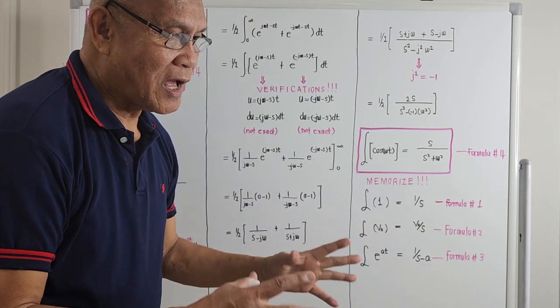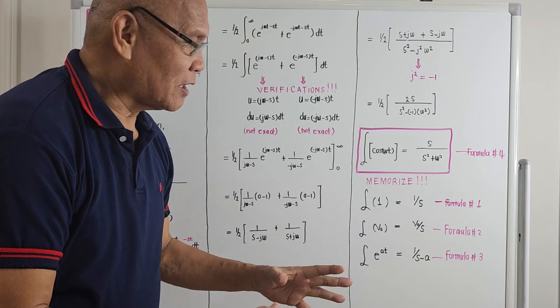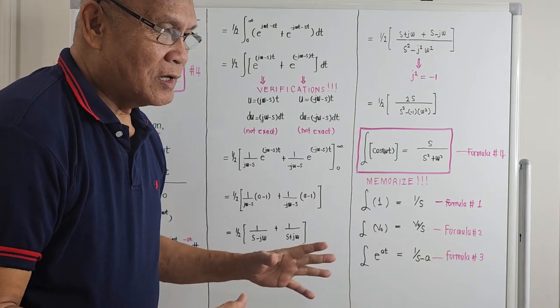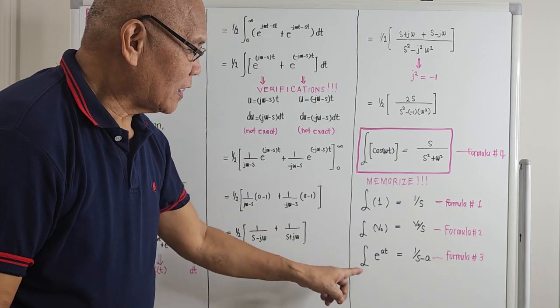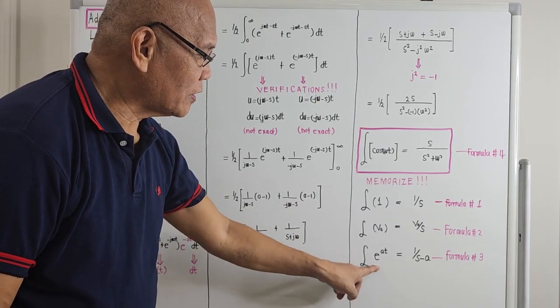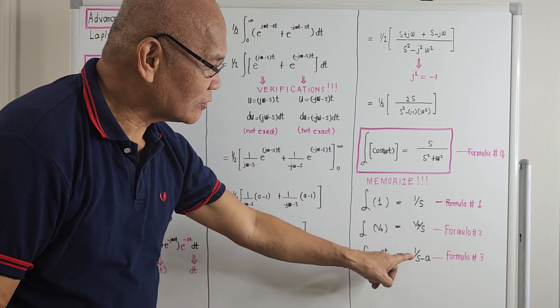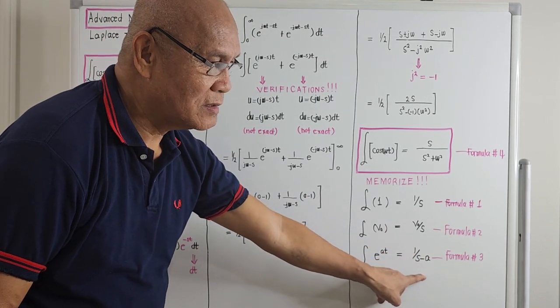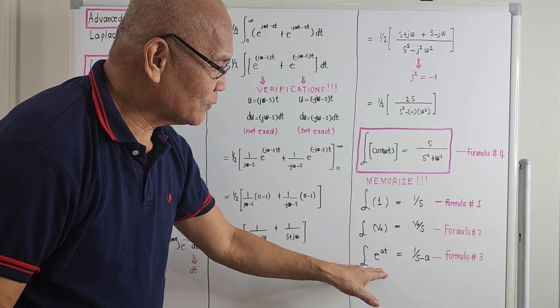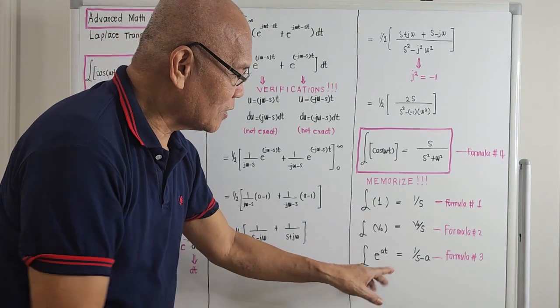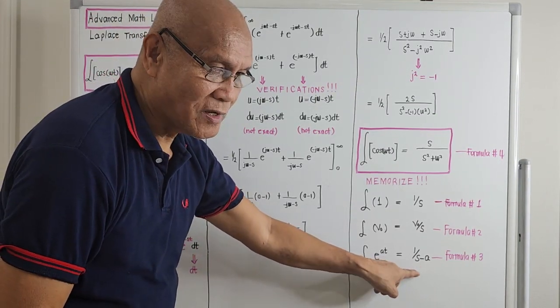B sub 0 is actually the initial voltage at time t equal to 0. We are referring here to circuit analysis. And the Laplace transform of e raised to at is actually 1 over s minus a. This is an exponential function, and the formula under Laplace is actually 1 over s minus a.